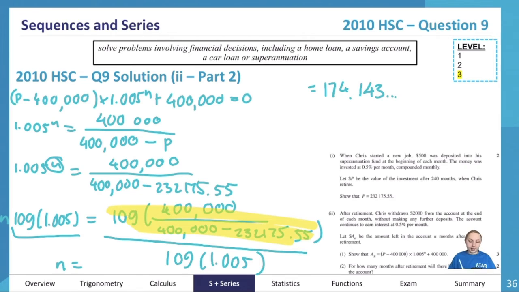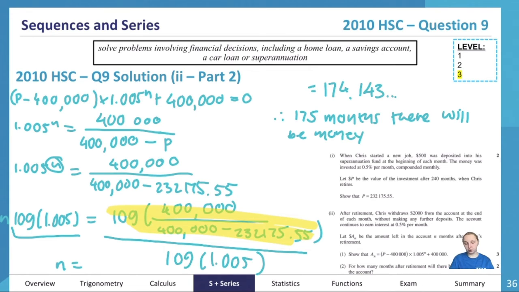So this isn't asking how many withdrawals he's making, it's asking for how many months after retirement will there be money. So we round that up and say, therefore, 175 months there will be money. Okay, it may not be the full money that he wants to withdraw, the full 2,000, but there will still be money, which is why we round this up.